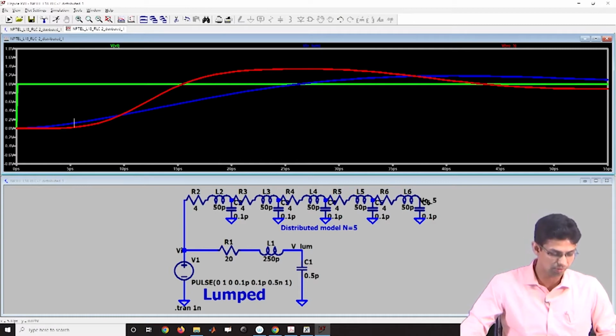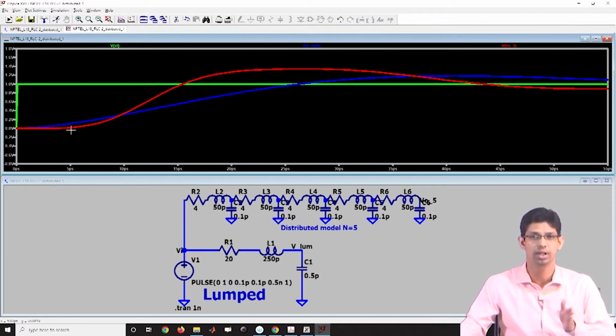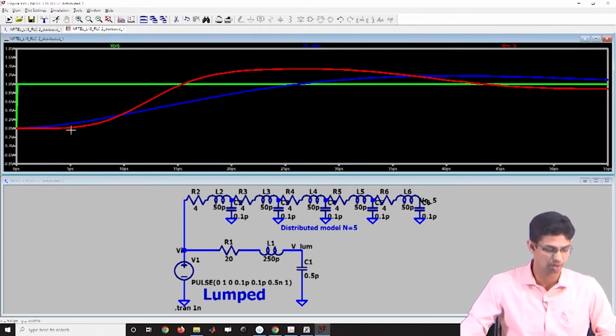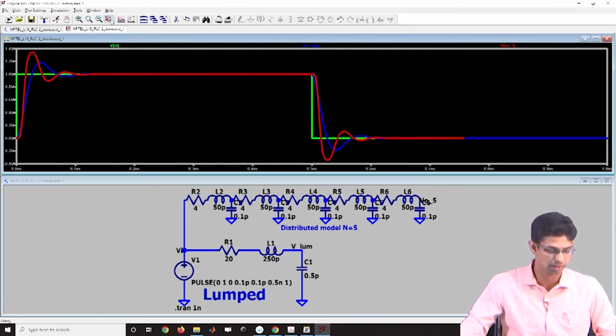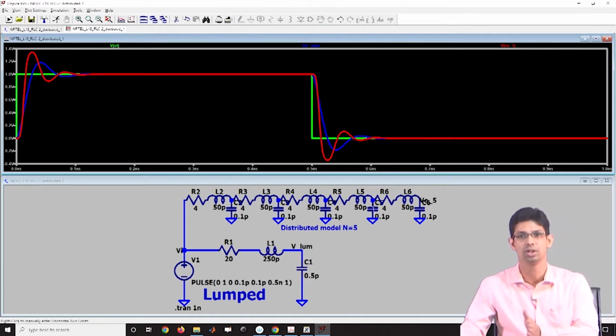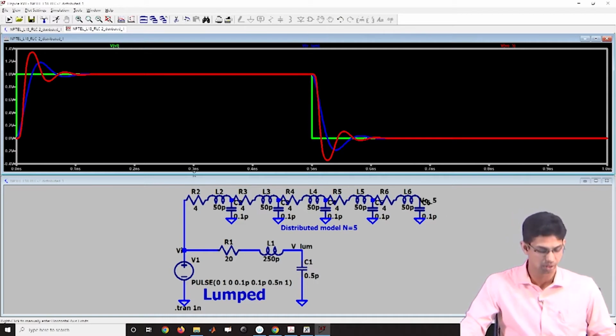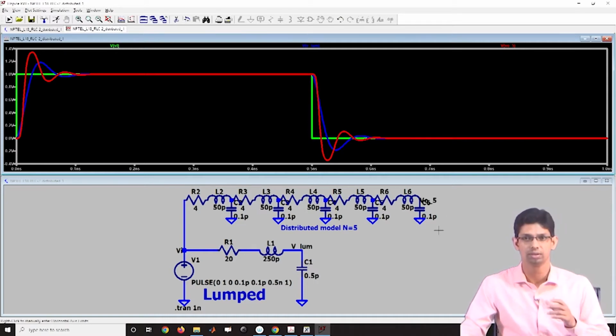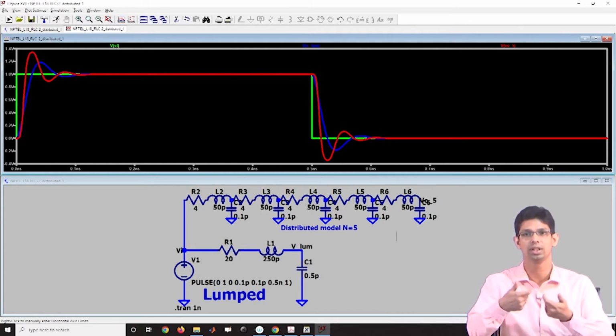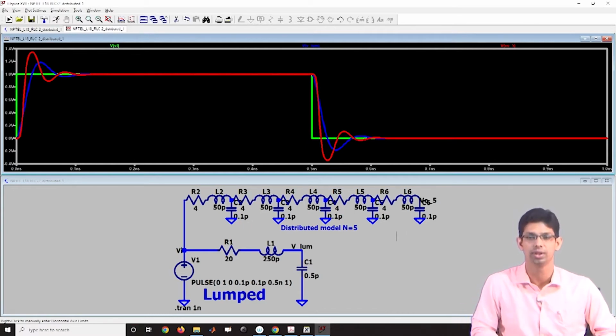In addition to that, I can see a region of time where my output voltage remains 0. It takes some time for my pulse to reach the output, right. So, it appears that if I am having a distributed element, I am getting something like a time of flight.